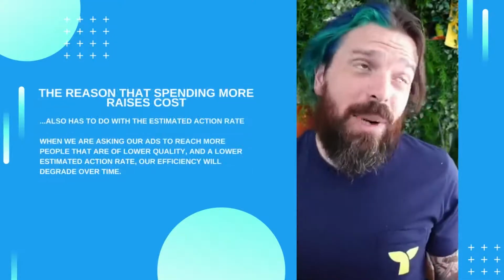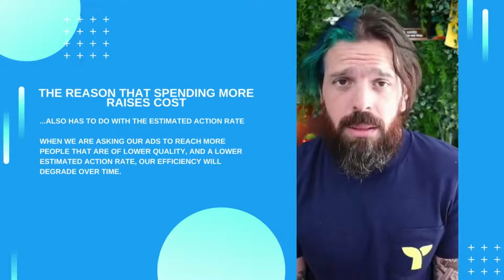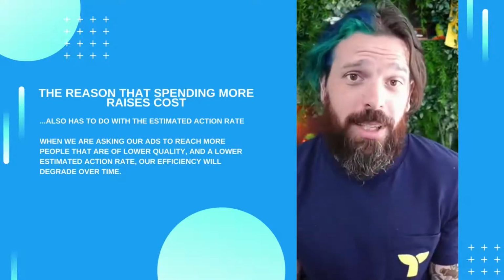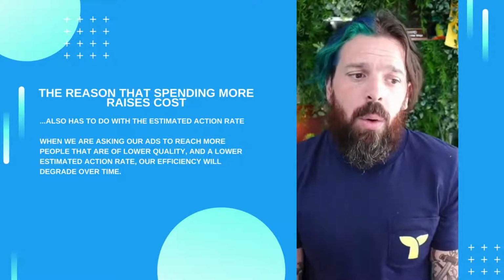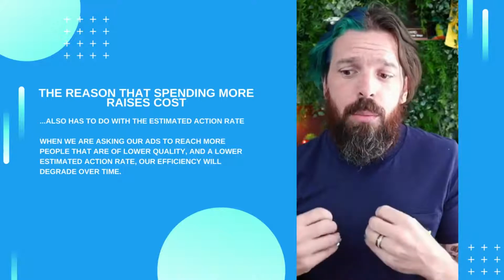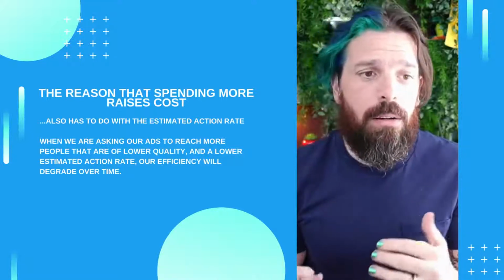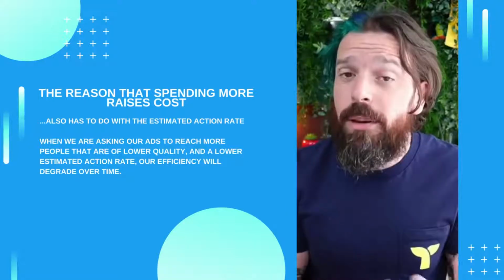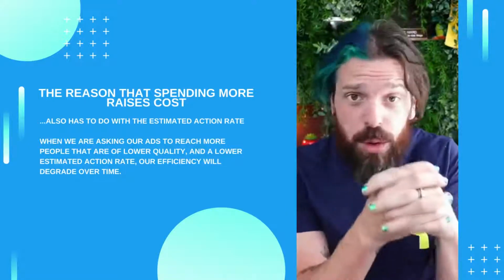Now, the reason that raising the budget increases costs has to do with the estimated action rate. When we are asking our ads to reach more people that are of lower quality, because remember, every ad makes its own audience, it's going to primarily target the people that are most wanting to see that ad.